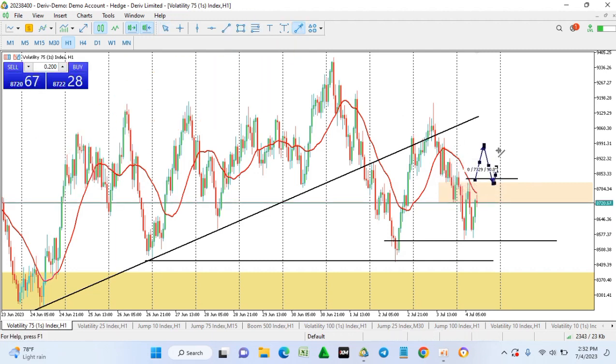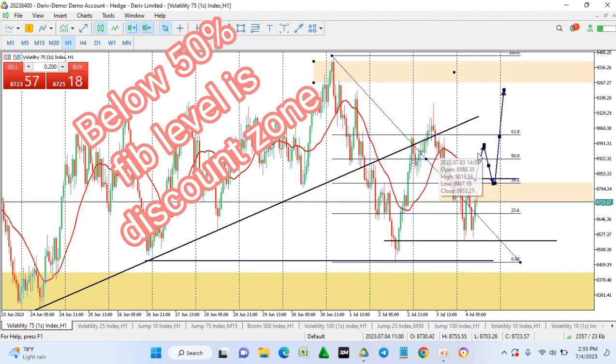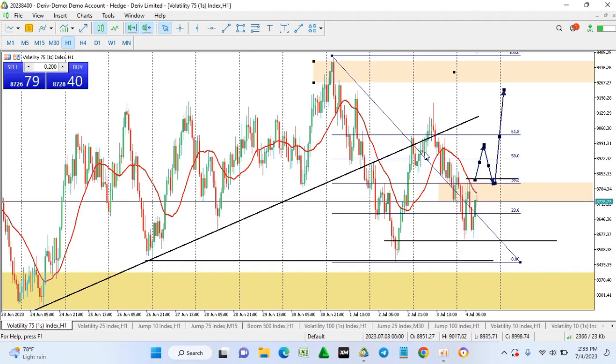So to know those areas, you can pull your Fibonacci level to know where the premium and the discount zone is. When the price is below the 50% area, that is the discount zone, and when it is above the 50%, that is the premium zone for sales. You use the premium for sales, then the discount zone for buys, right?